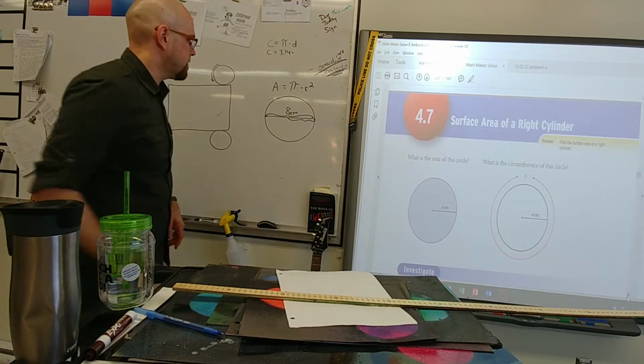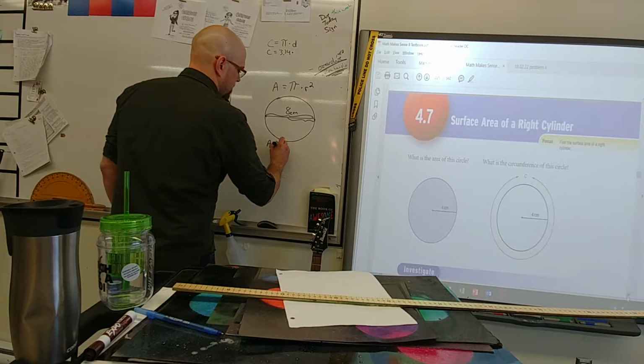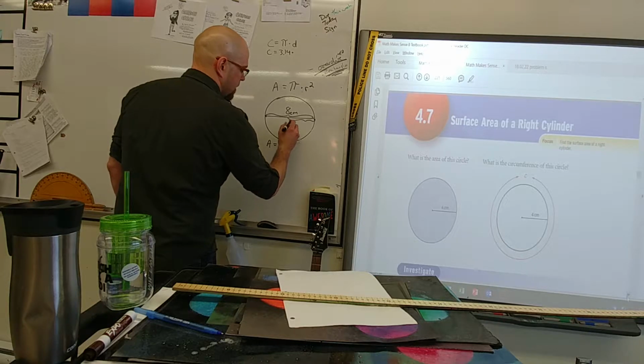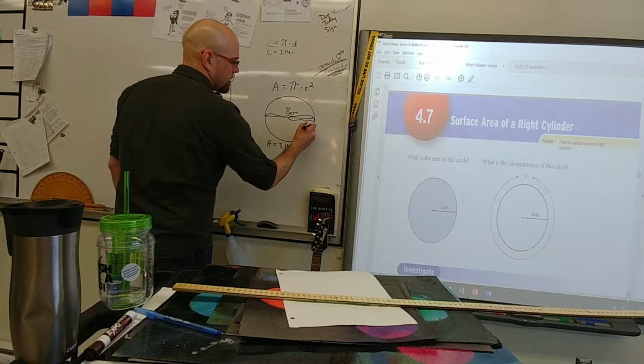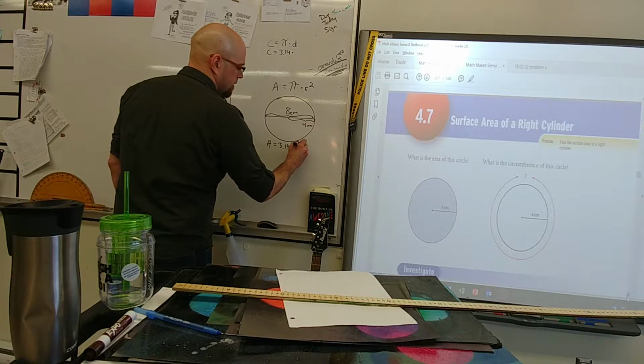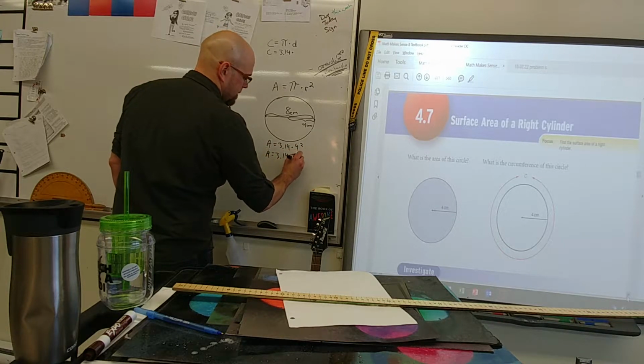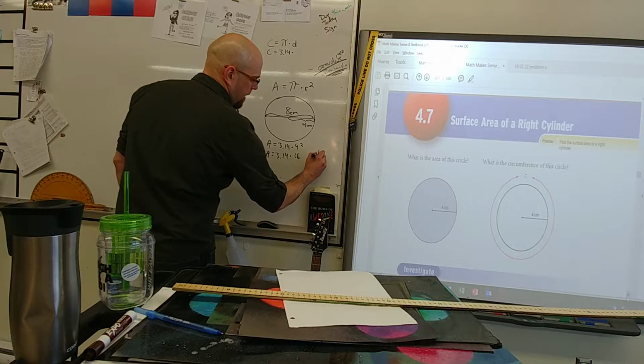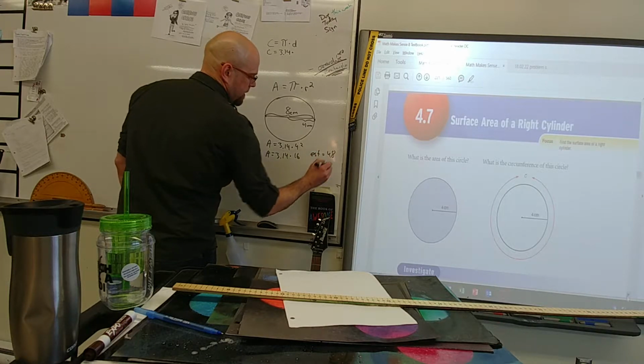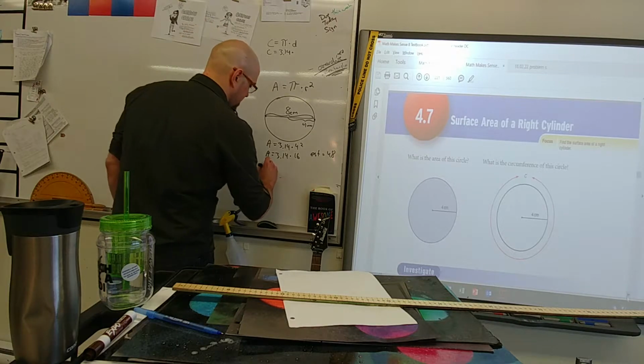So let's find the area first. Area equals pi times r, which is 4 centimeters, half of the diameter, squared. Area equals pi times 16. My estimate is about 48, because I know that 3 times 16 is 48.